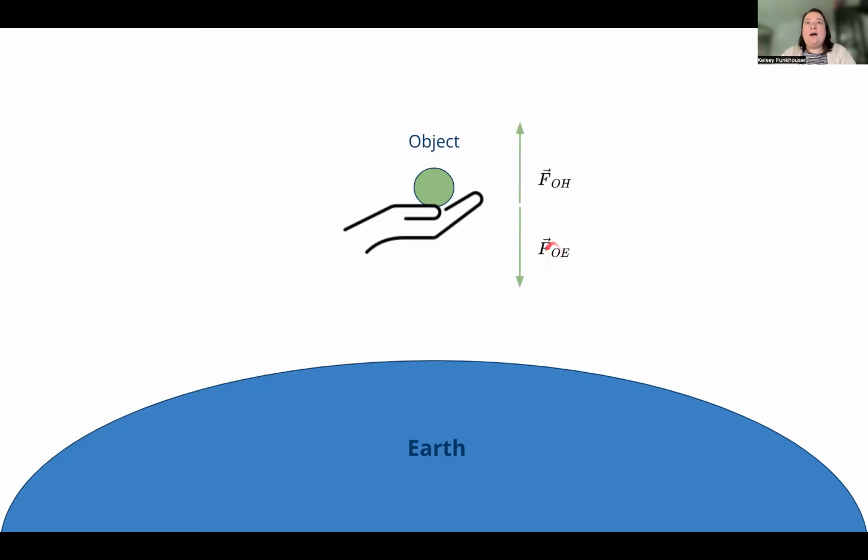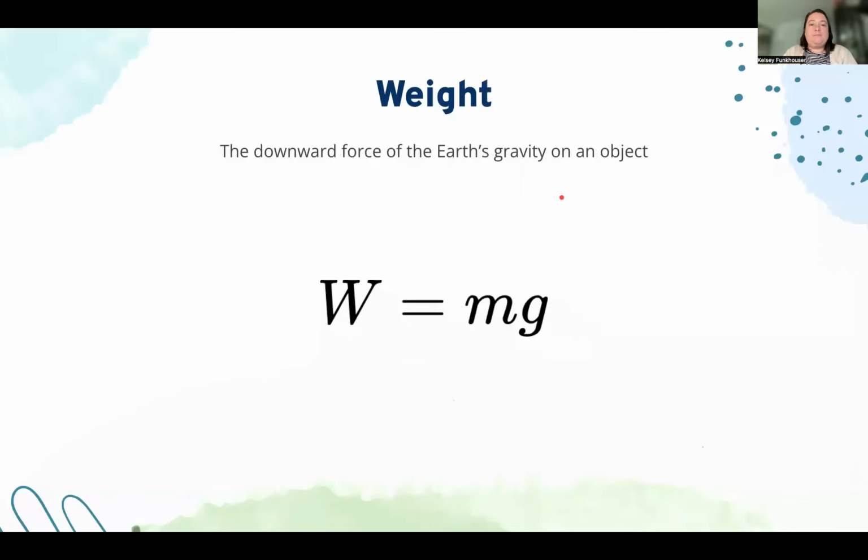It's no longer accelerating, but the force from the Earth is still acting on it. So there is the force on the object from the Earth, but there's also a force on the object from the hand. And if it's us holding the object, we feel the weight force, so the weight of the object.